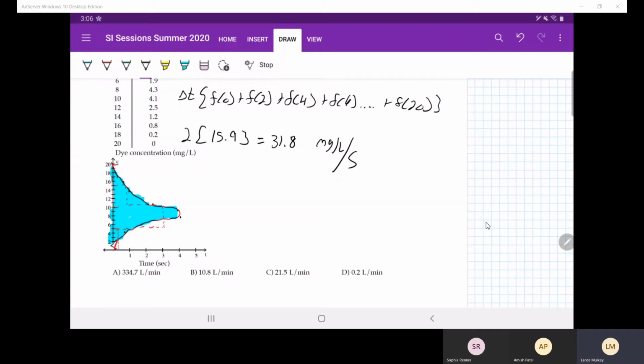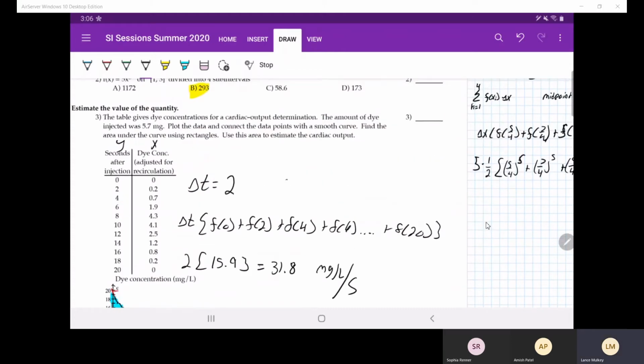Okay, what did they say the right answer was on this one? 10.8 liters per minute. This doesn't make sense.